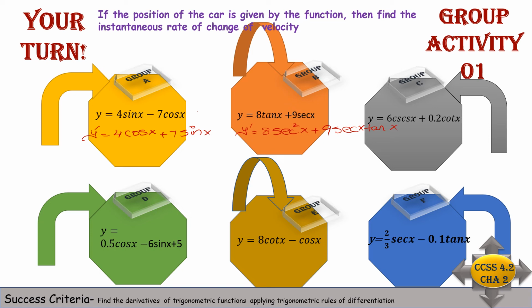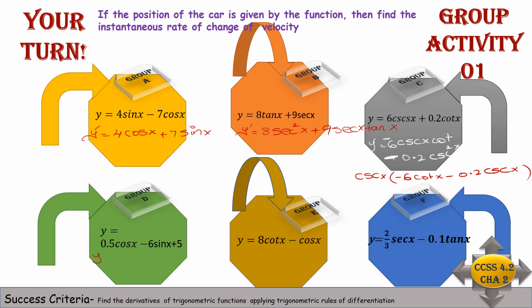Then the derivative of 6 cosec x will be negative cosec x cot x. Then plus 0.2, but the derivative of cot x is negative cosec square x. But from here you can take the common factor. So you can take cosec x common, then left negative 6 cot x, negative 0.2 cosec x. So that would be your final answer.